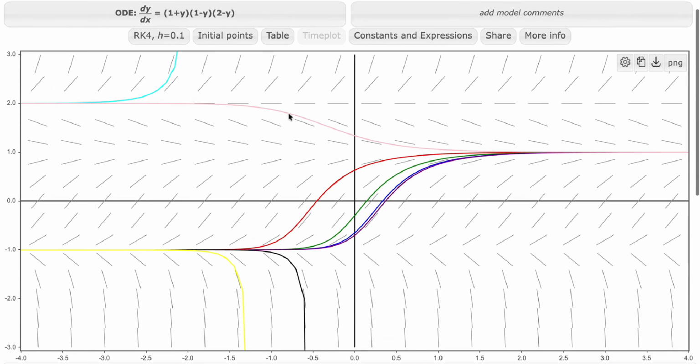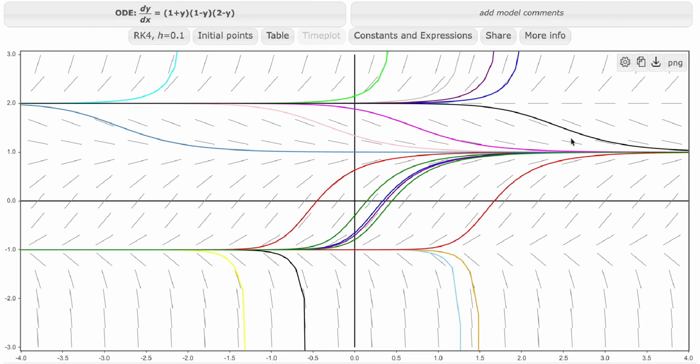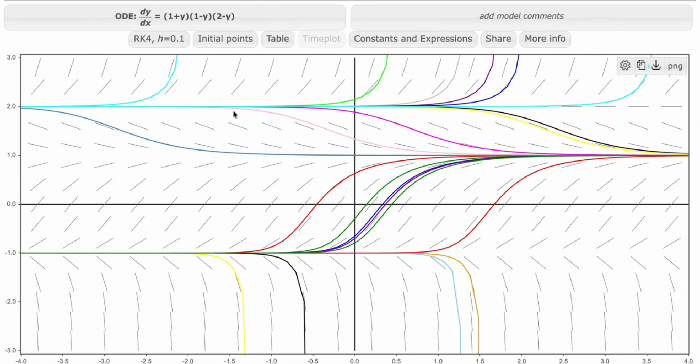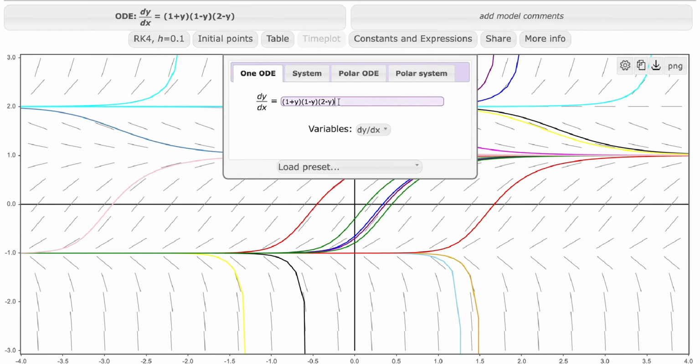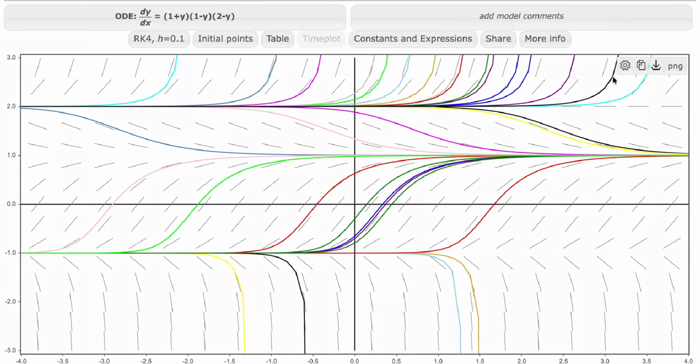I can click on the graph and it will add functions, because remember, for differential equations, there's an infinite amount of function solutions. So by just clicking on an initial point, we're able to have a function that this differential equation will map to. I'm going to click around, and I'll send you the link to this simulation in the description.